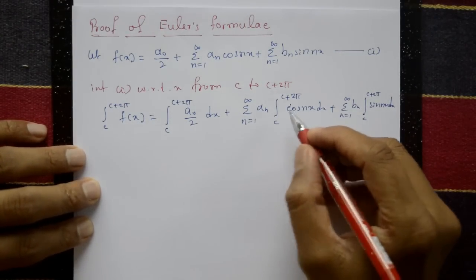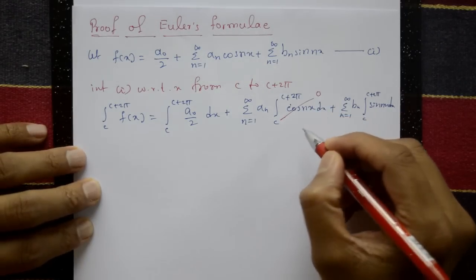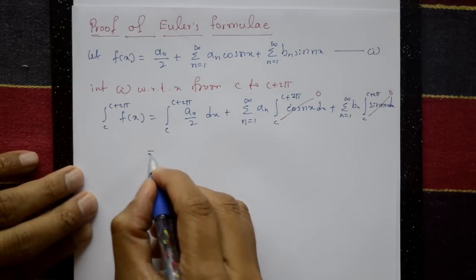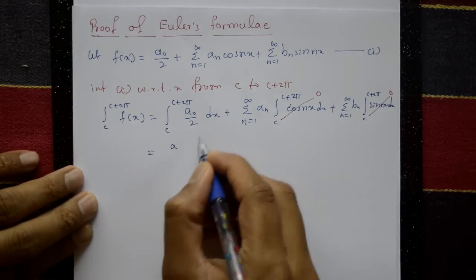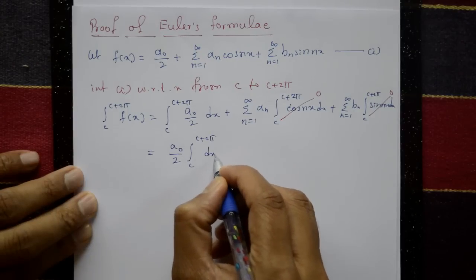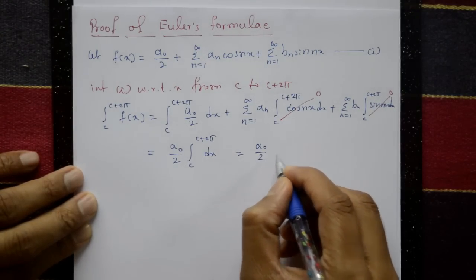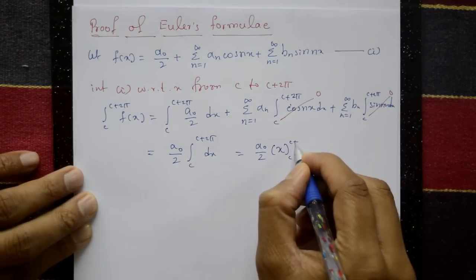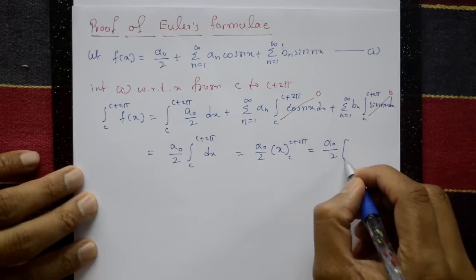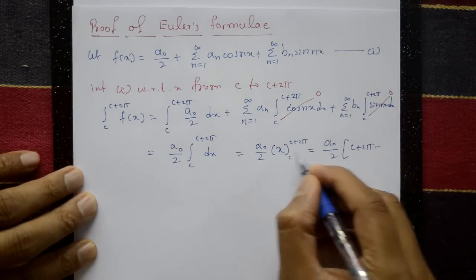Now using the basic formula given already, the second and third terms are 0. And this is equal to a naught by 2, a constant outside, integration from c to c plus 2 pi with respect to x. That means integration of 1 is x, so a naught by 2 times x from c to c plus 2 pi. Now apply the upper limit c plus 2 pi minus the lower limit c.